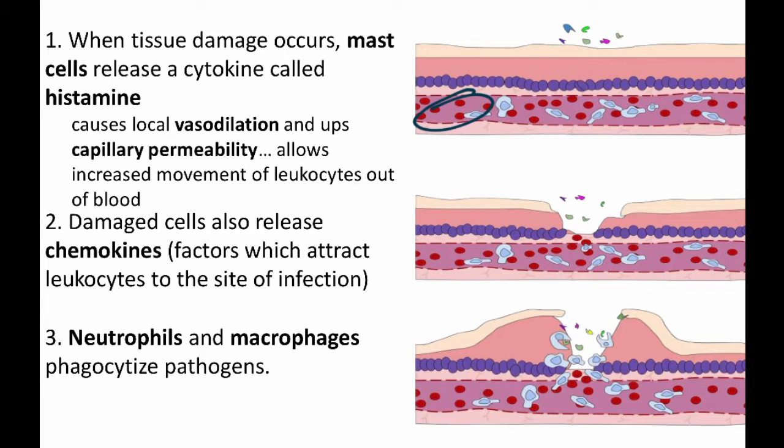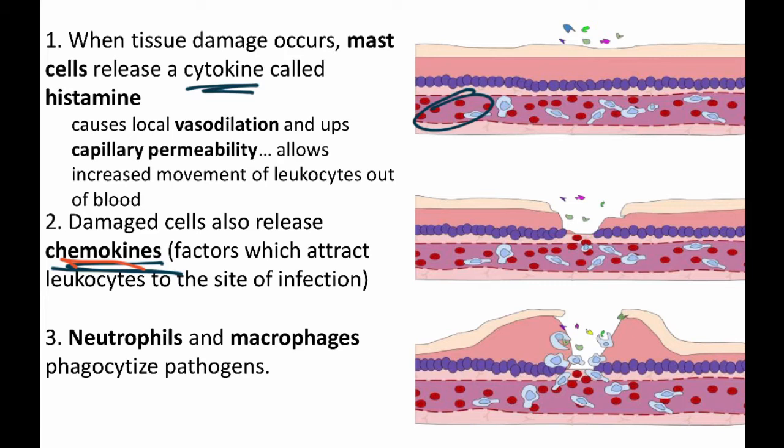Histamines are an example of a kind of molecule called a cytokine. It's essentially a local signaling molecule. Cells that are damaged also release molecules called chemokines. And these are very similar to cytokines.